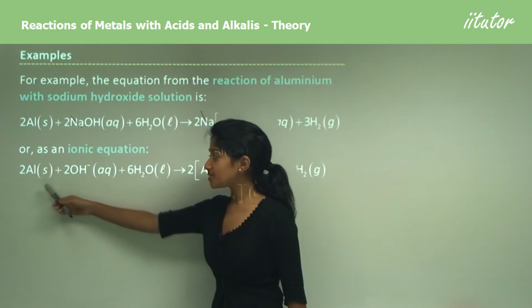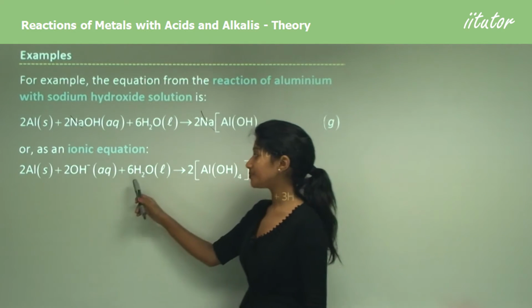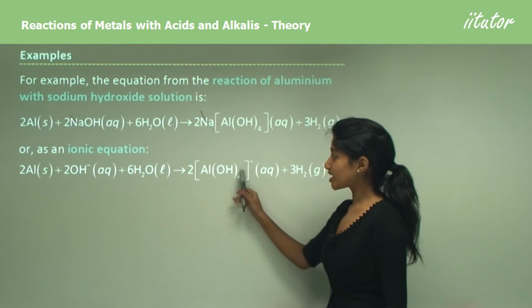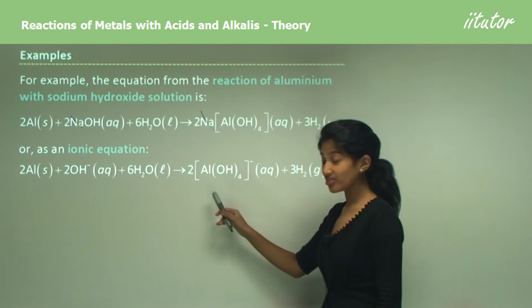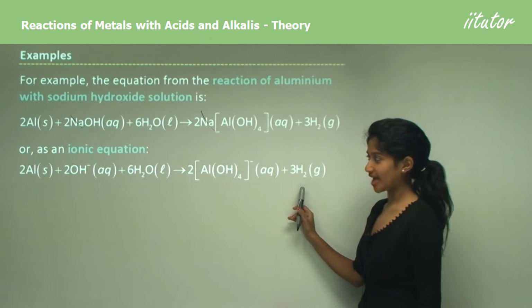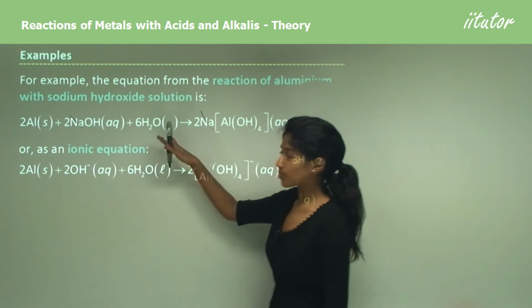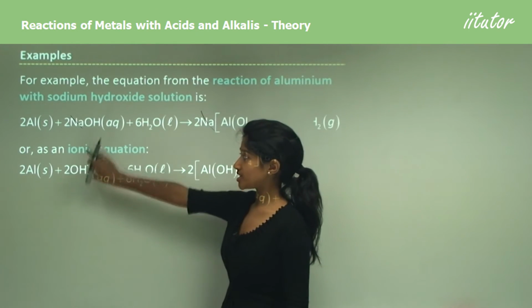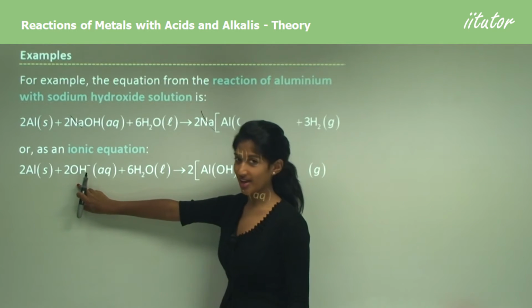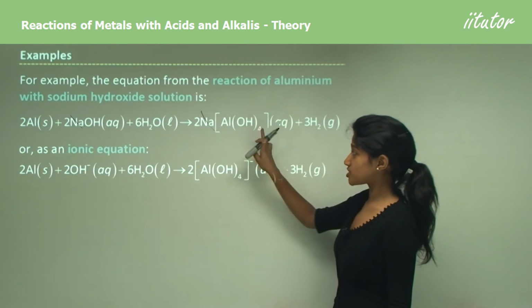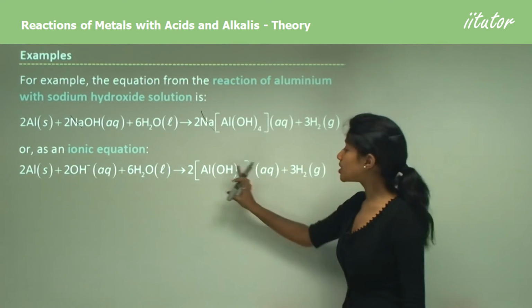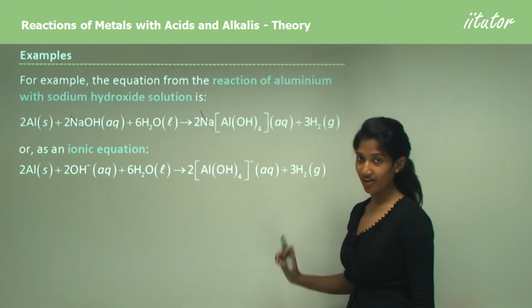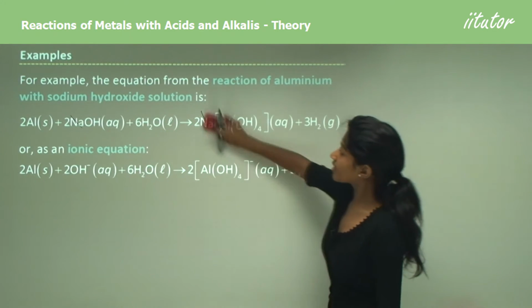We have aluminium reacting with our hydroxide and water, giving us the 2 aluminate ions and also hydrogen gas. The balancing of the equation stays the same. So any coefficient you wrote for the sodium hydroxide would go into our hydroxide ion, and any coefficient you wrote for the sodium aluminate would go into our aluminate ion, as you can see.